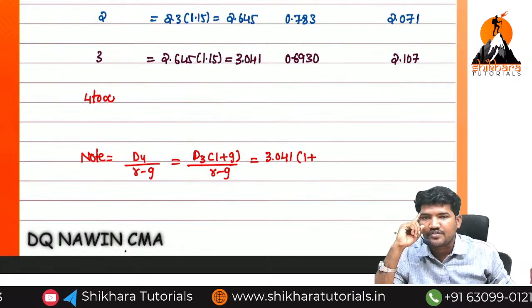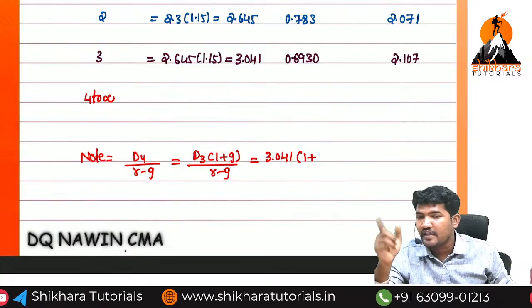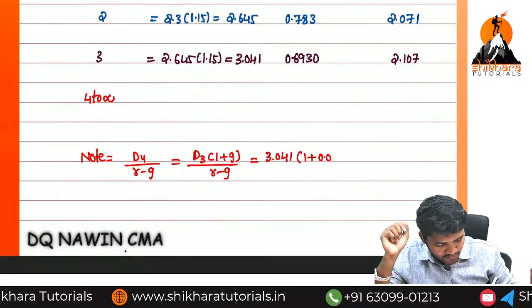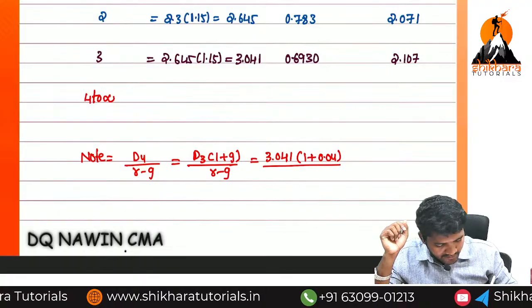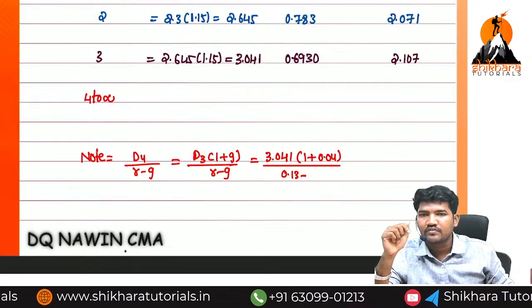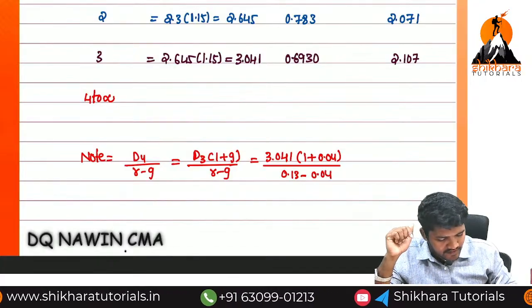Don't confuse: 15% is only for the short term, for the first 3 years. For infinity life, 4%. Very, very important. Now 0.04 divided by R, 0.13, minus growth, here also again 0.04. Answer please.